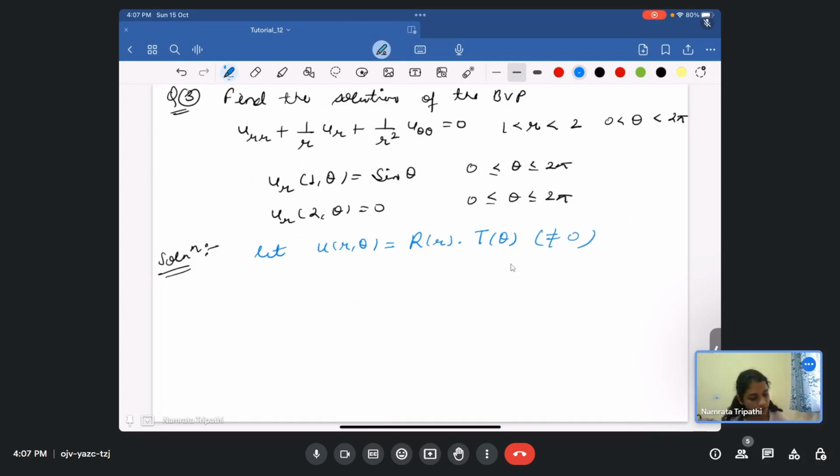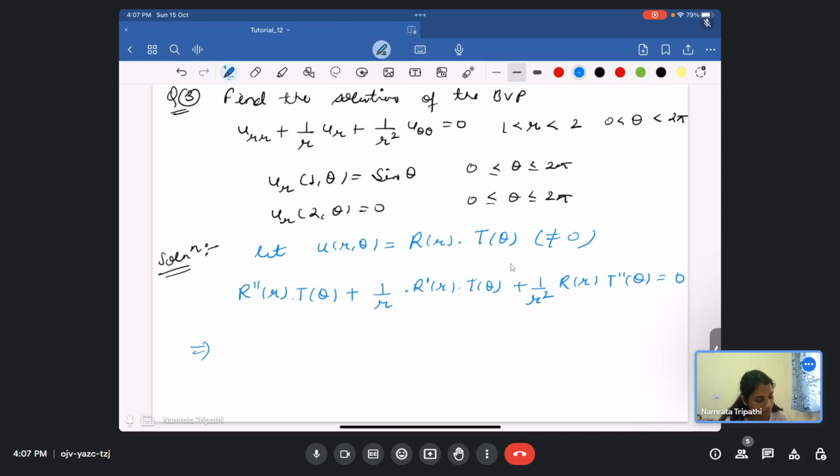So you have to substitute u_rr, u_r, u_theta theta. Then after substituting, you will get R double dash T of theta, first term. Second term is 1 by r R dash T of theta. Third term, 1 by r square R of r T double dash theta is equal to 0. Okay. Now please separate r and theta.